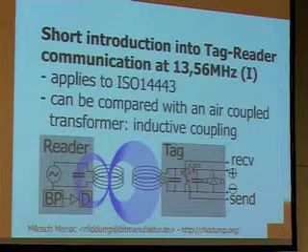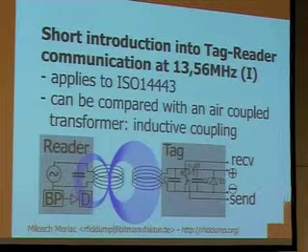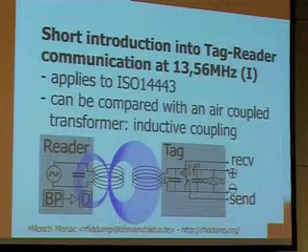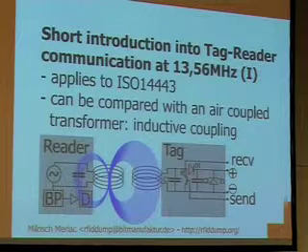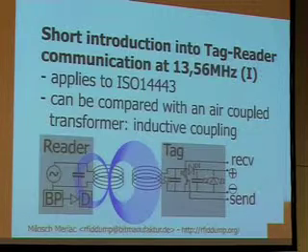The basic idea of modulation is that in this particular case, you have this 13.56 megahertz, and you have an additional carrier of 800 kilohertz, and this carrier is, for example, turned on and turned off. And this is modulated onto the 13.56 megahertz by using amplitude modulation.